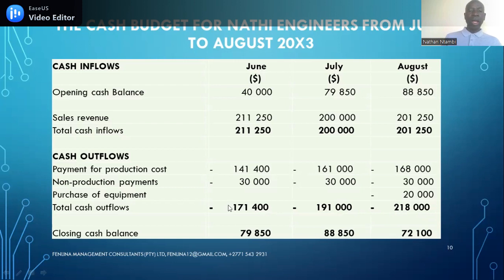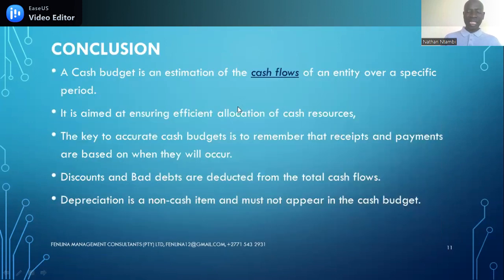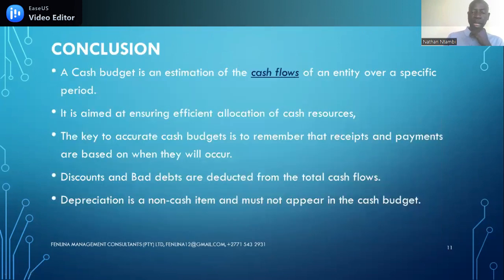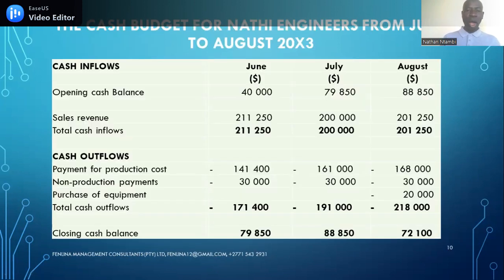And those are now 171,400 for June. The formula that we use to get the closing balance is going to be opening cash balance plus total cash inflows of 211,250 minus 171,400, which gives us 79,850.